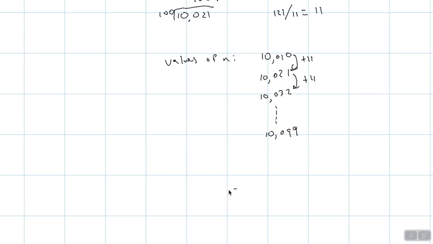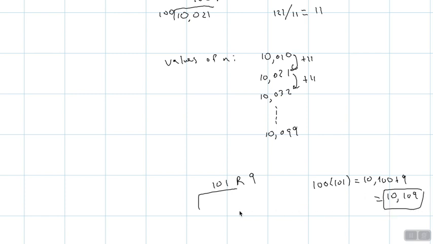Well, when the quotient is 101, in order for q plus r to be divisible by 11, we need the remainder to be 9. And the number where this is going to be true is just 100 times 101, which is 10,100, and then just add 9. So 10,109 is that first value there.